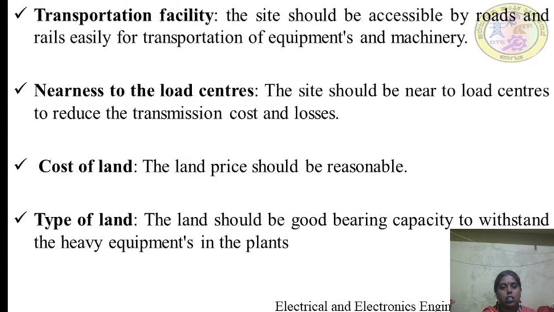The next requirement is transportation facility. The site should be easily accessible by roads and rails for transportation of equipment and machinery. So the transportation facility, either roads or rails, is very much essential.